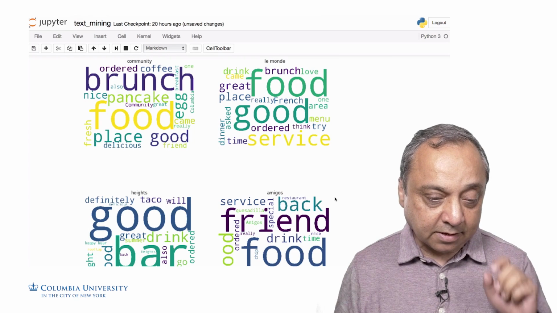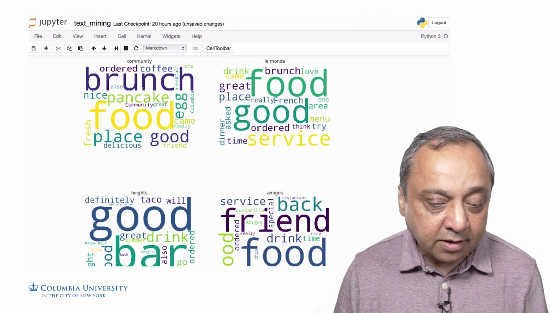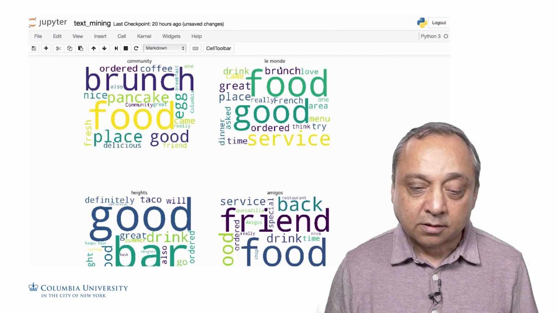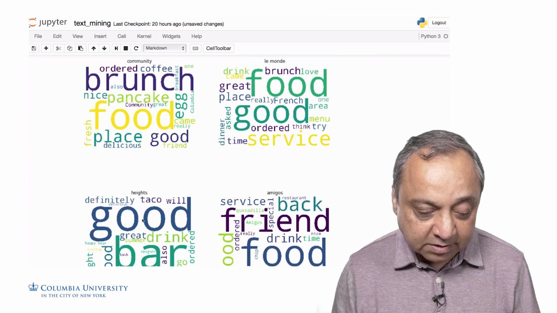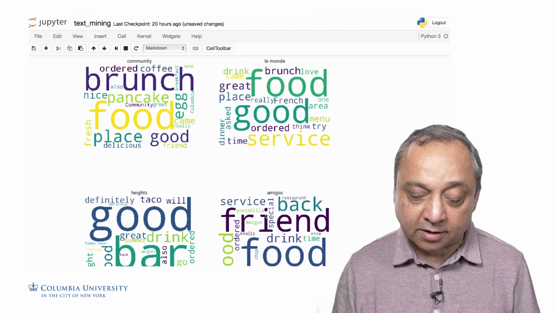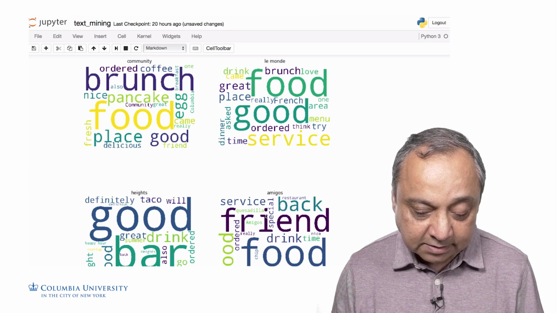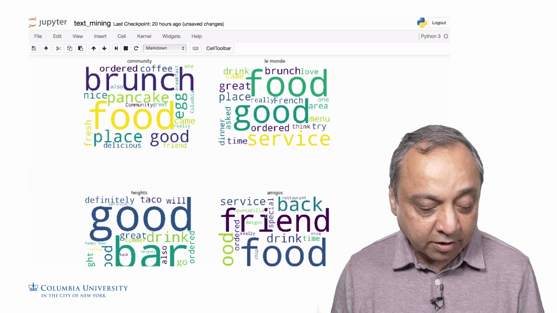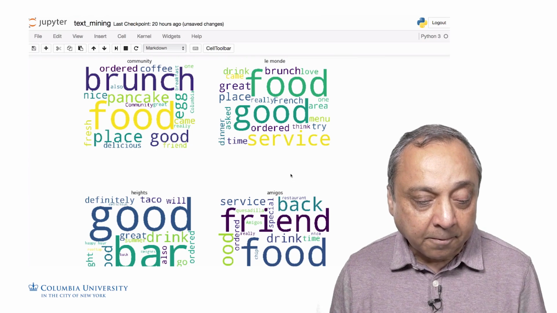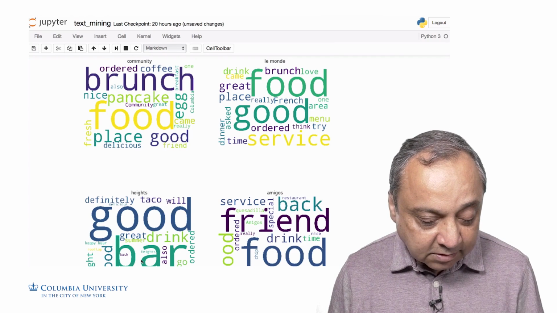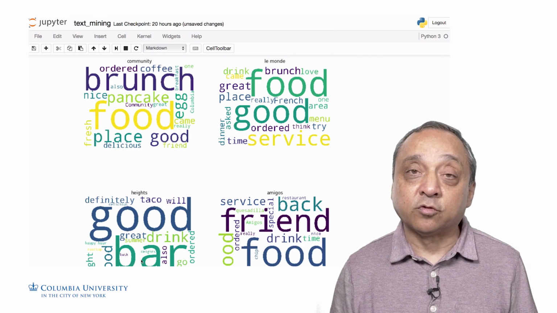So what this tells us is that Community is good for brunch. Le Monde also has some brunch, but we don't see brunch in Heights and Amigos. So clearly, people don't talk about brunch when they talk about Heights and Amigos. Heights has a bar, like I said before, a good bar.